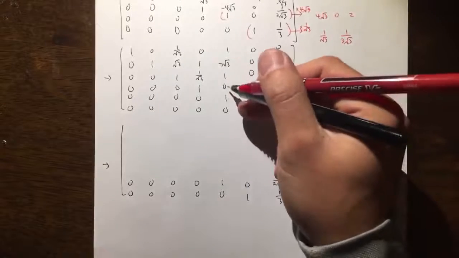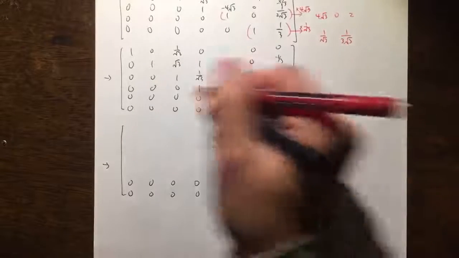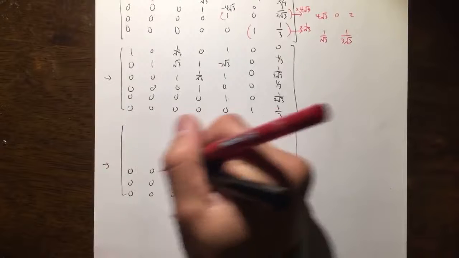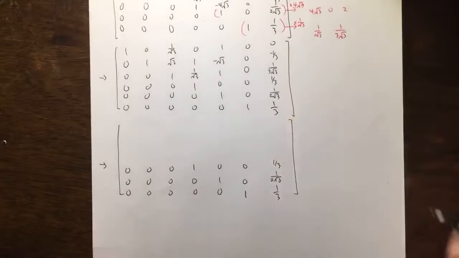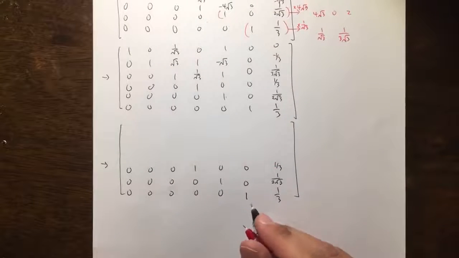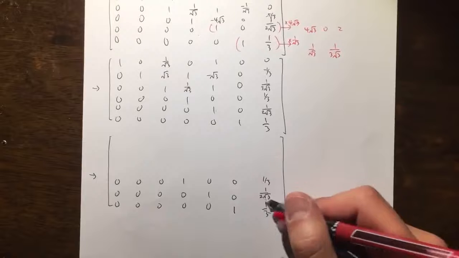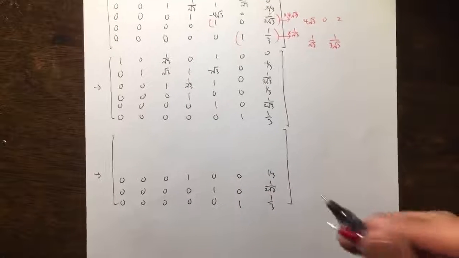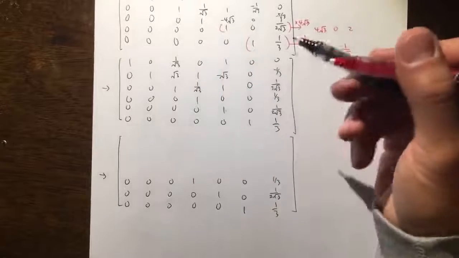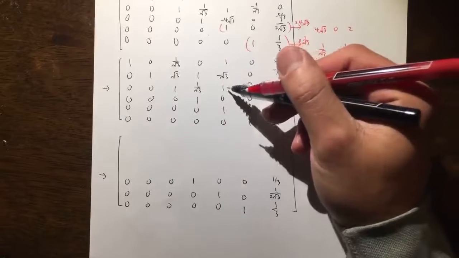And this row actually has a 0 here already, so this row is all good as well. So we have 0, 0, 0, 1, 0, 0, 1/3. Okay? So this right here tells us F is 1/3, E is 1 over 2 square root of 3, and then D is 1/3. Okay? And now I'm going to make this equal to 0.